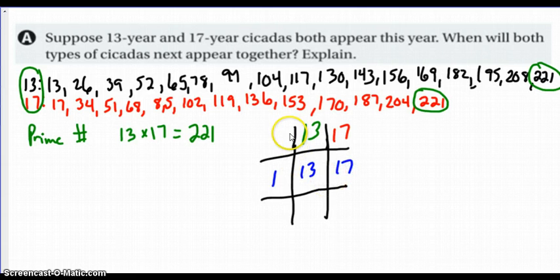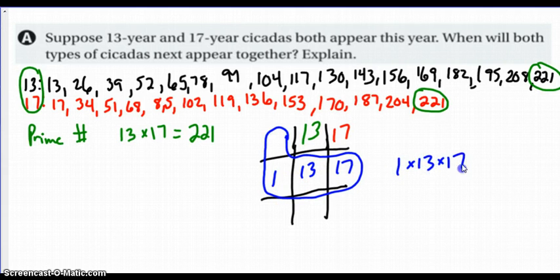And so to figure out what the LCM is, we're going to multiply everything over here by everything going across the bottom. Okay, again, making that L shape. So that's 1 times 13 times 17, which we don't need the 1 because of the identity property of multiplication. So that leaves us with 13 times 17, which equals 221.